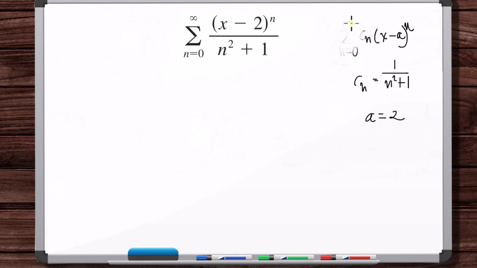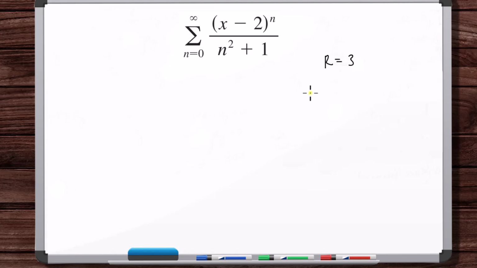It's a power series. And so what that means is that if we do have an actual radius of convergence that's not 0, then it's going to be centered about x is equal to 2. That's the only option. It's not possible for us to get a radius of convergence of 3 and then have something like this.